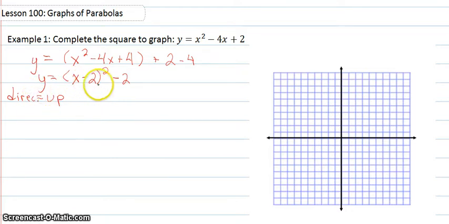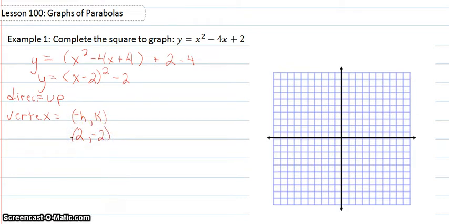And then to find the vertex, that is negative h comma k. Which this would be your h and this would be your k. So it would be 2, because I changed the sign, but this sign stays the same, negative 2.